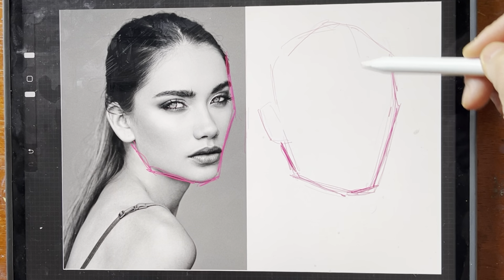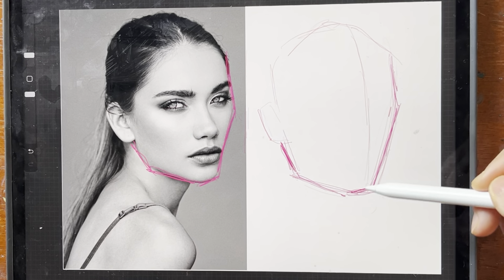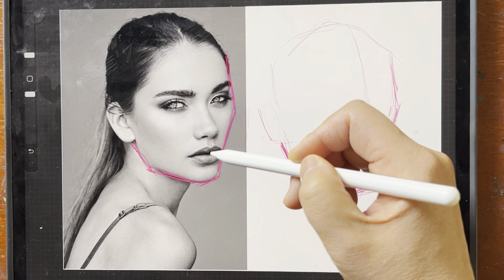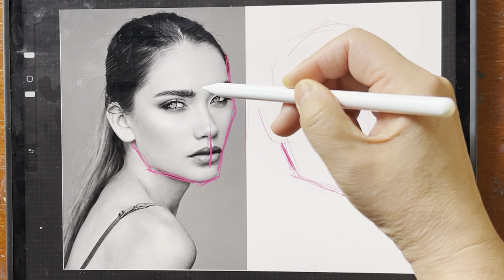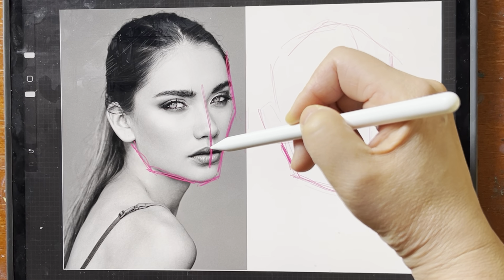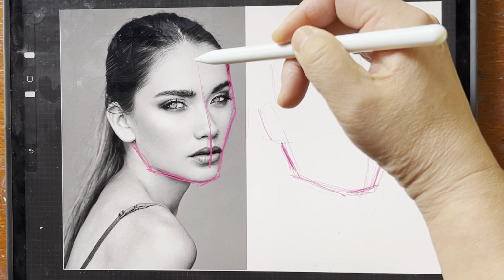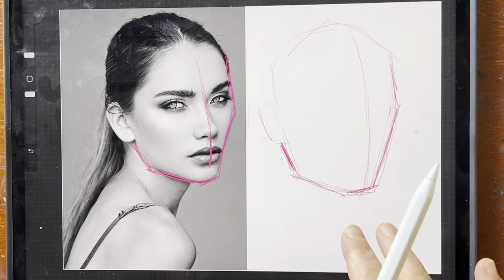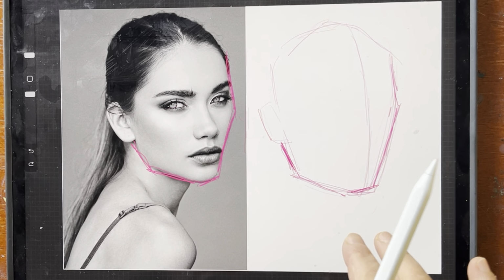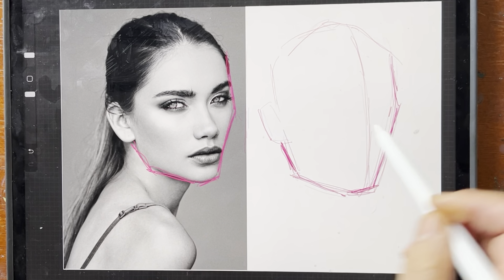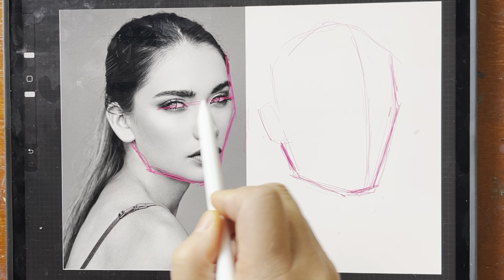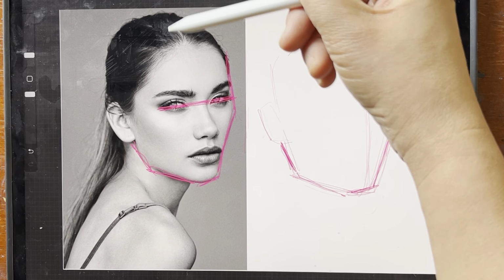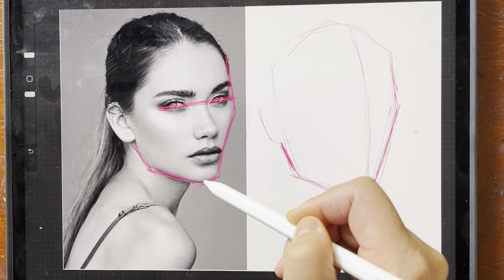Then I'm going to have a center line right here, so that means those have to meet right here. This helps you to get everything lined up. So I can have this here. Then remember the eye is in the center, from here to here.